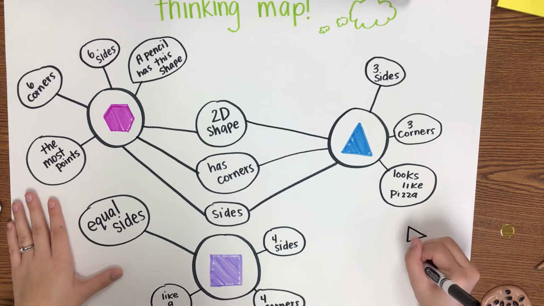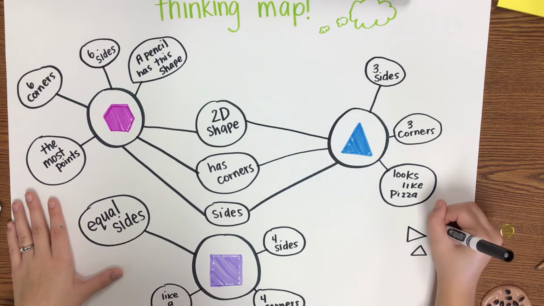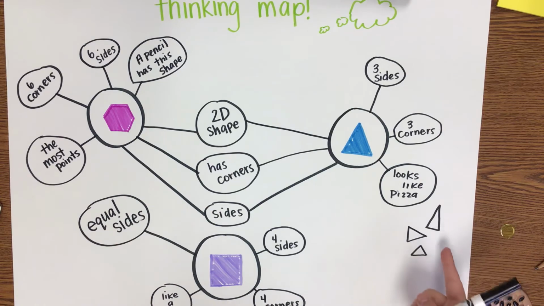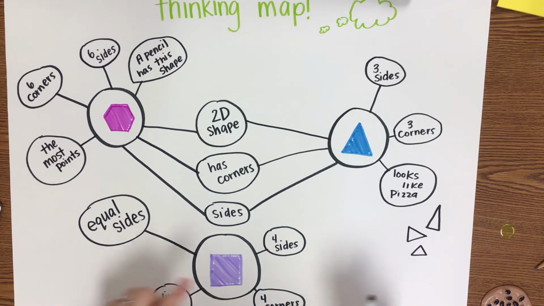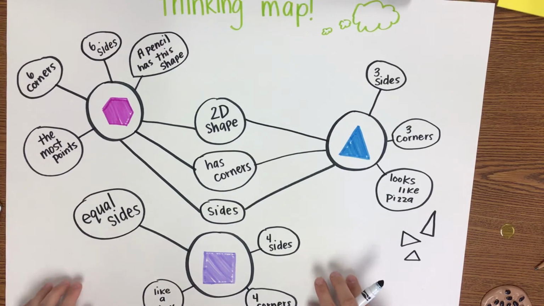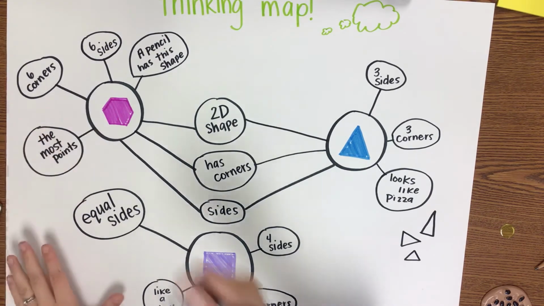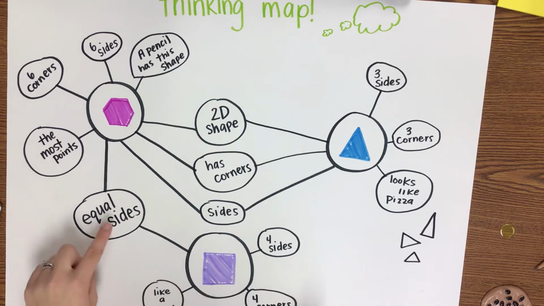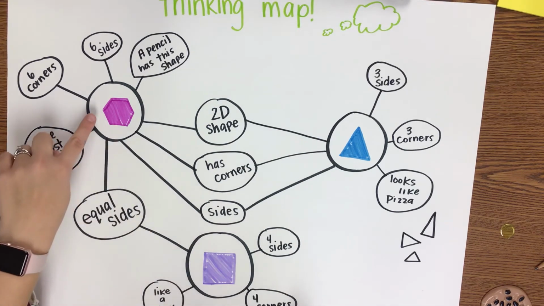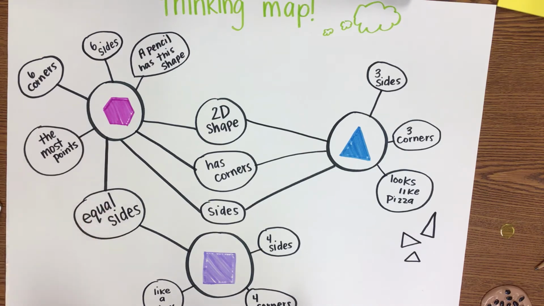It can have equal sides. It can be really, really tall, and so a triangle doesn't always have equal sides, but a square has to have equal sides in order to be a square. A hexagon also has to have equal sides, so we're going to draw another line to this, because a square and a hexagon are the same because they have equal sides.